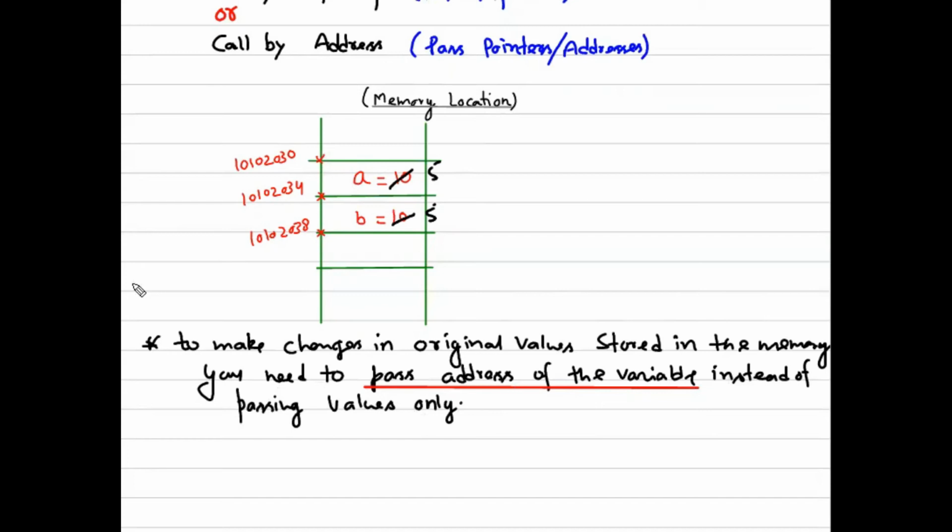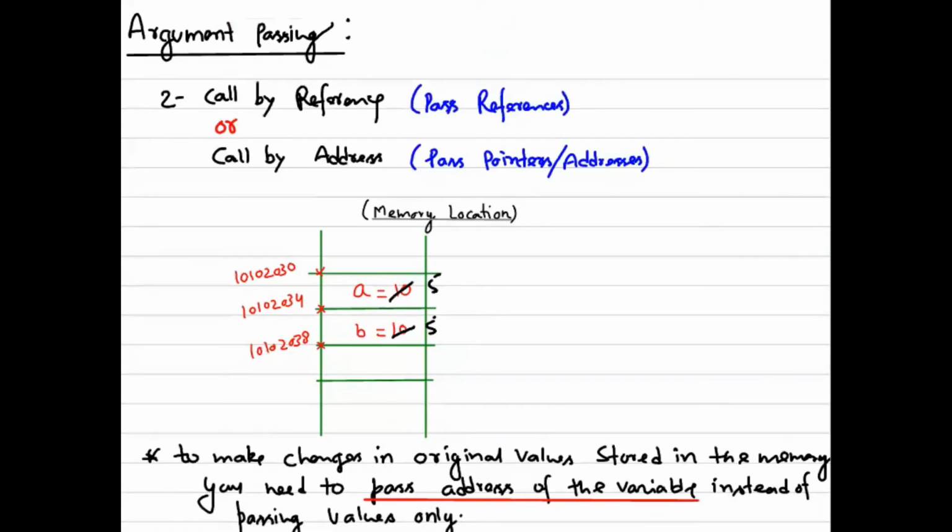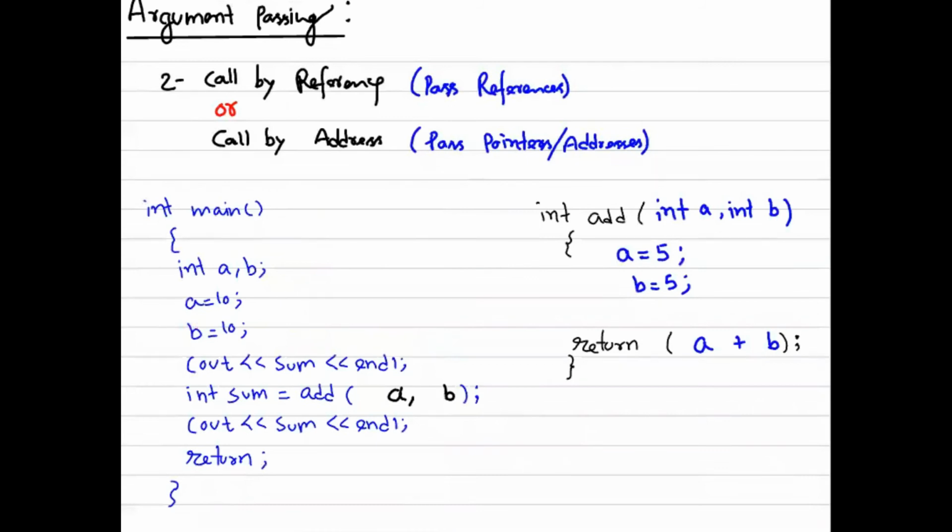Let me write a simple code so that it is super easy for you to understand what I'm trying to say. It is the same example with a little modification. If I want to make changes at this location, I want to make it 5 and this also 5 at the original, so the function should have the address of A. For that, I need to make this a pointer because it can store the address, and b also a pointer.